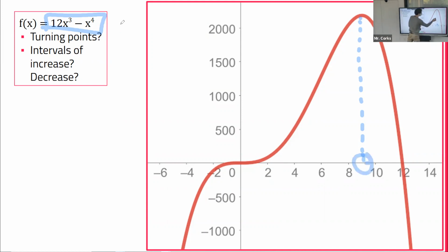9-ish. So around here we have a turning point. -2, you see the graph turning at this point. Okay, let's think again. What is the definition of a turning point?